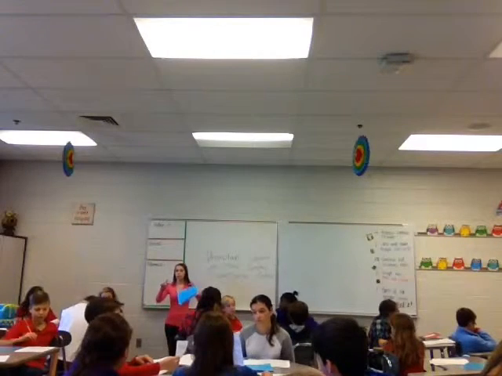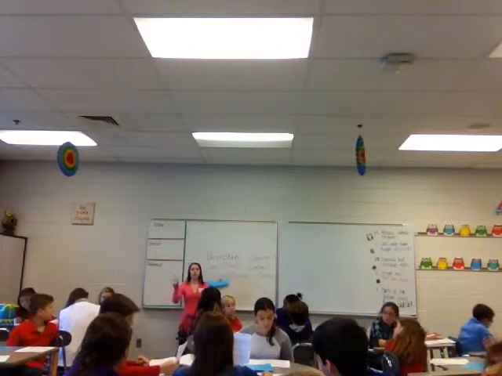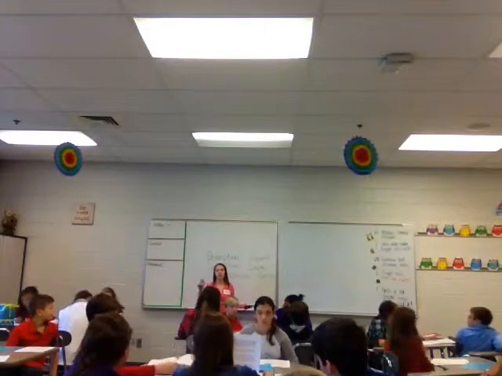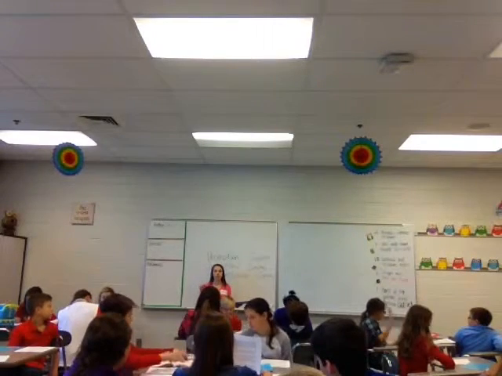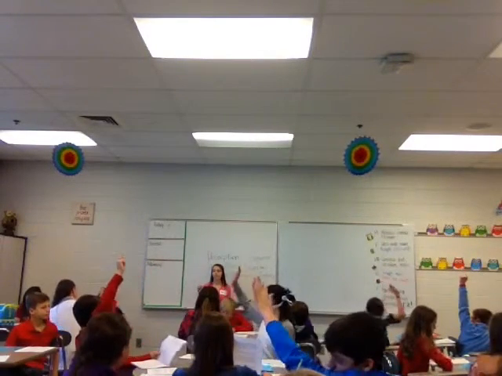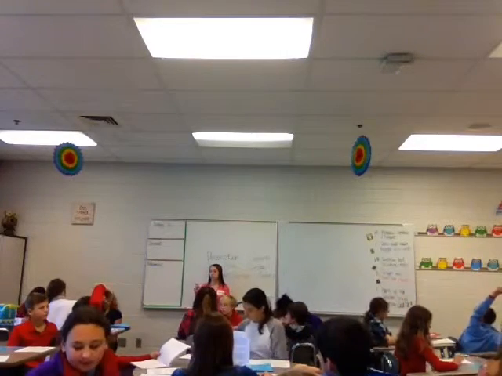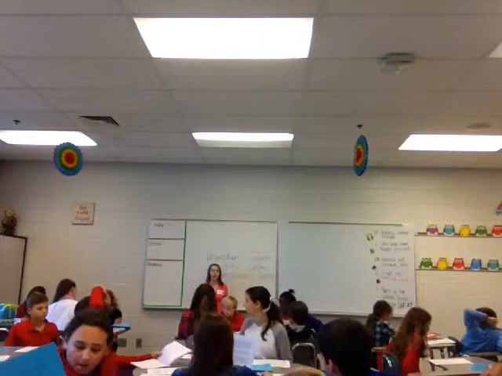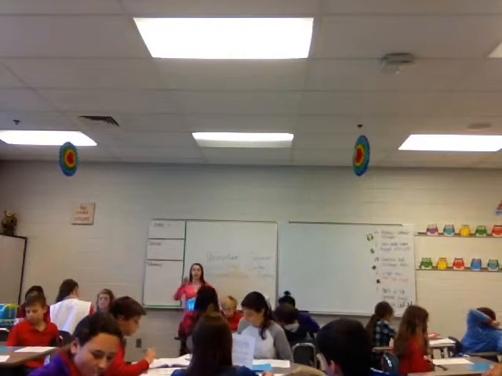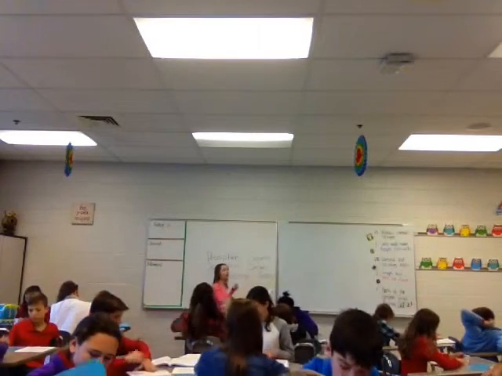Good. I like that. So, what kind of graphic organizer do your notes give you for compare contrast text structure? Kelsey. It gives you a diagram. So on your sheet of paper that you need to turn in, I want you to draw a Venn diagram.